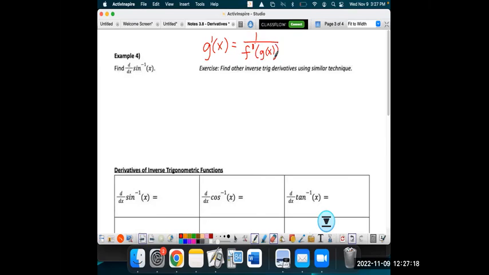If I want to find g prime of x, in this case, it's my g of x that I'm going to use as sine inverse. And the outside function needs to be its inverse, which the inverse of sine inverse is just sine.